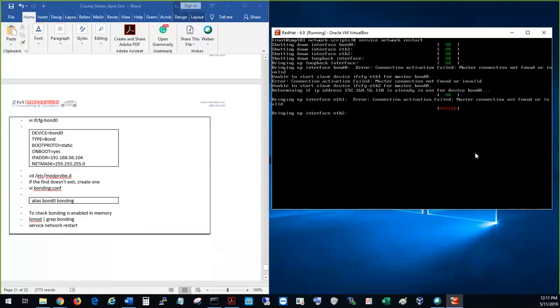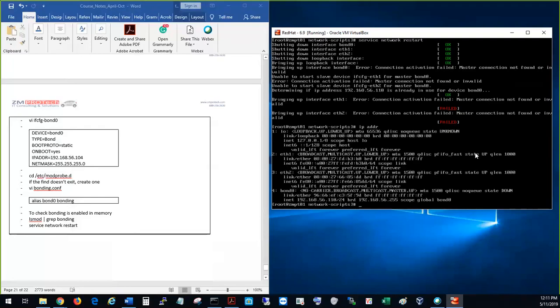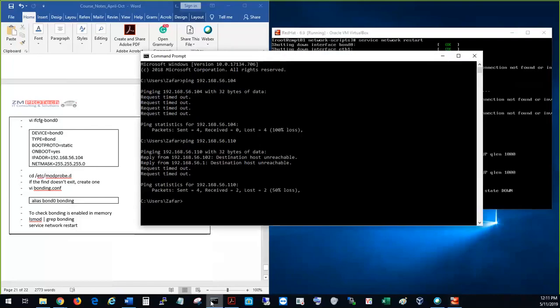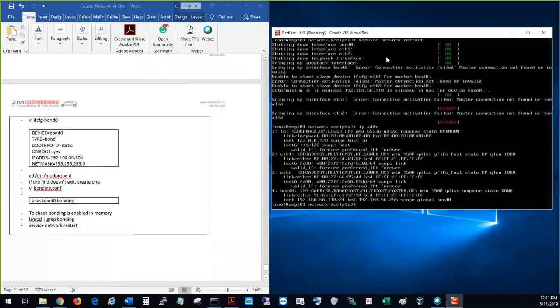Connection activation failed master. Let me see here. Both Ethernet 1, Ethernet 2 are slaves of their masters? Yeah. Okay.